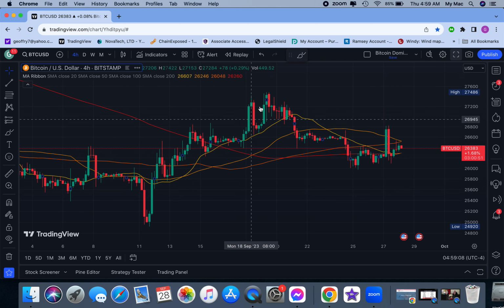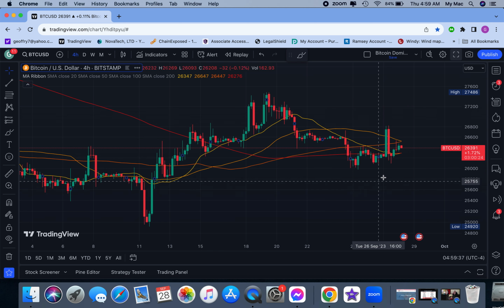So closed above it, kept going, went higher. It was right here when we closed the candle below it. That was a sign that we're probably entering into a downtrend. And so then we started trending down, and we tested the band again here and closed below it, and down we went. So now we have closed above it, and we are working our way back up.